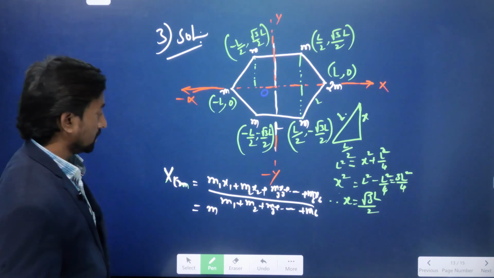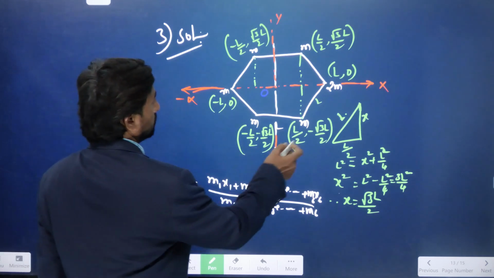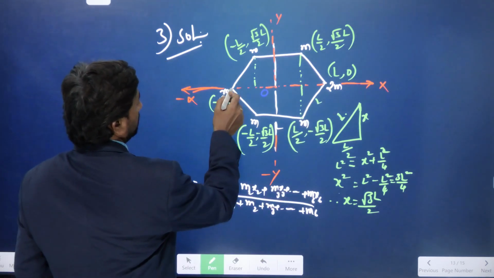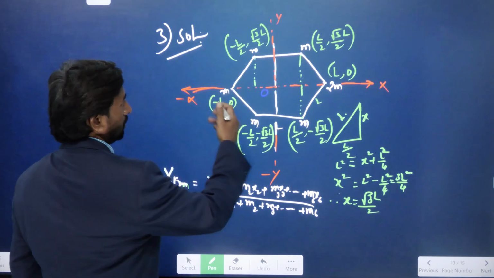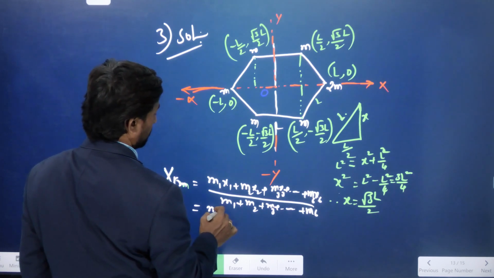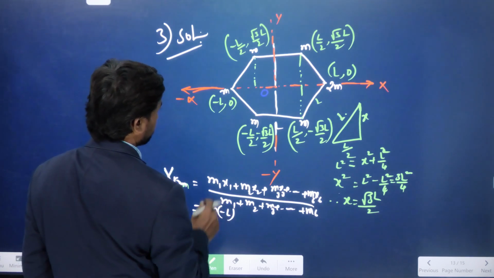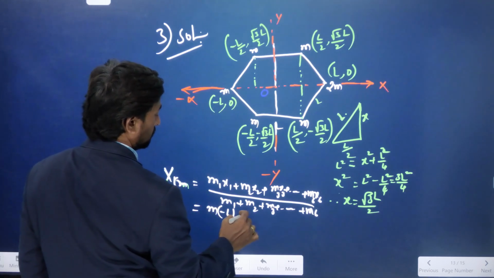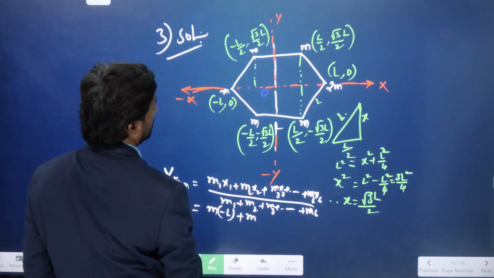We write all the values now. They are all identical masses except this 2m. We start from the negative x-axis and write all the values. So m1 is m and x1 is minus L, the distance from the origin, plus m2 is m and x2.